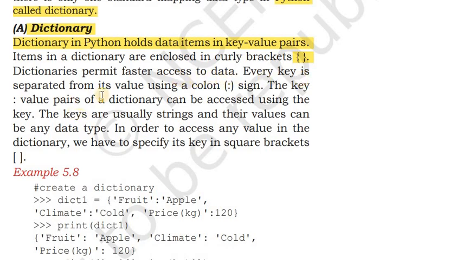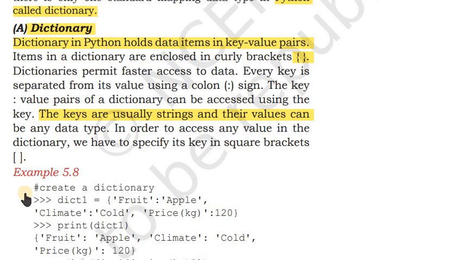Every key is separated from its value using a colon sign. The key-value pairs of a dictionary can be accessed using the key. The keys are usually strings and their values can be any data type. In order to access any value in the dictionary, we have to specify its key in square brackets.